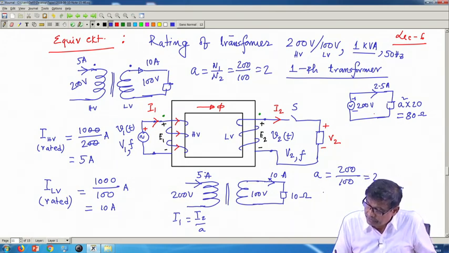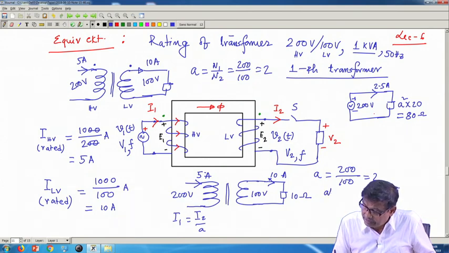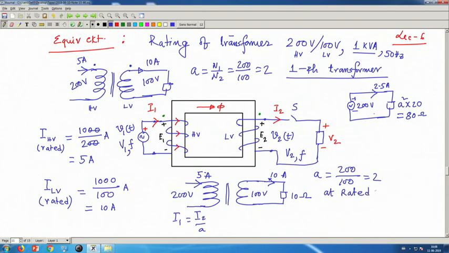So, at rated currents, the transformer operates at full load condition. We will discuss much more with the loading etc. This is not full load condition.